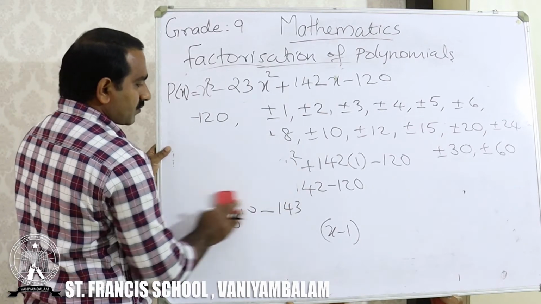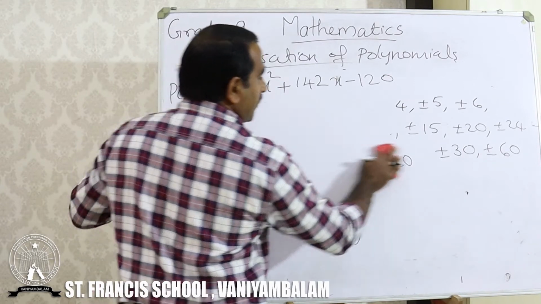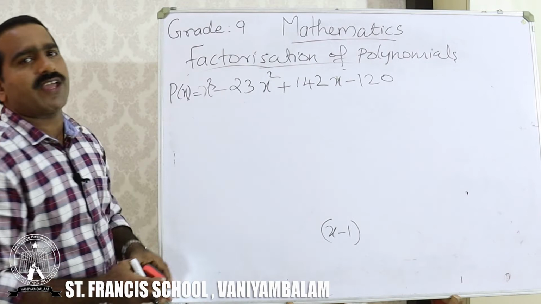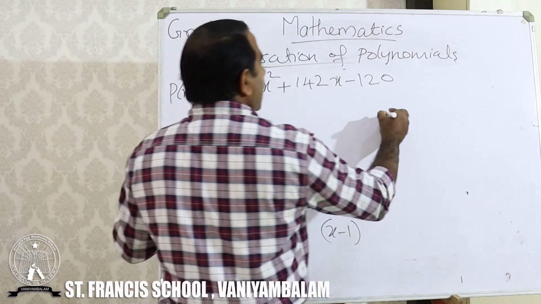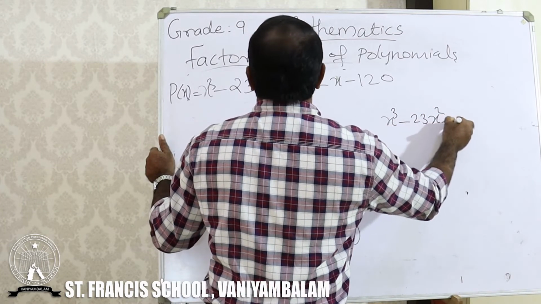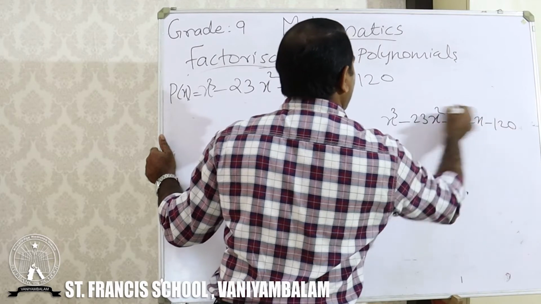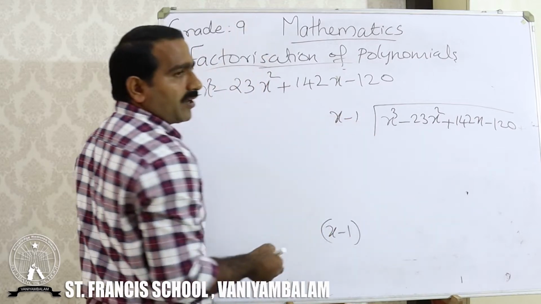Now we got one factor, x minus 1. The next step is we are going to divide the polynomial by x minus 1. That is x cube minus 23x square plus 142x minus 120 divided by x minus 1.